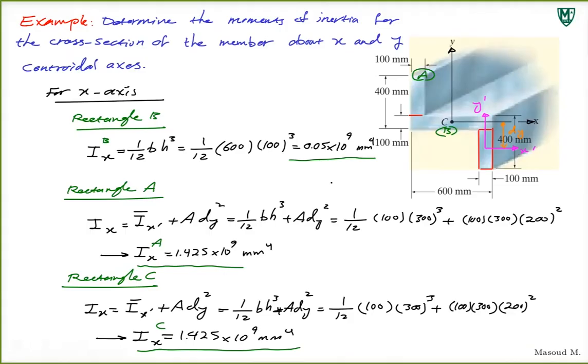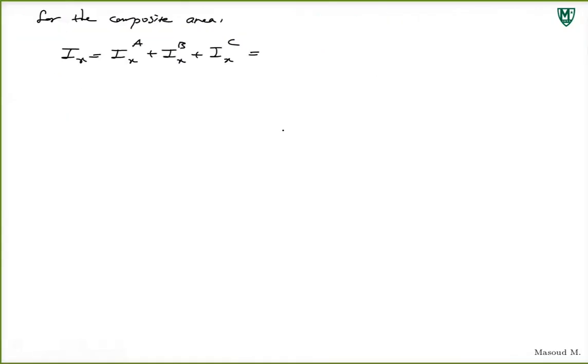Just sum them up because there is no cutout here, so just sum them up. If you do that, you should get 2.9 times 10 to 9 mm4. This would be Ix for the composite area.